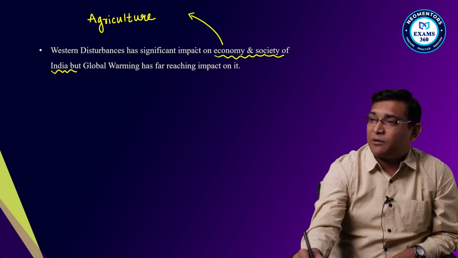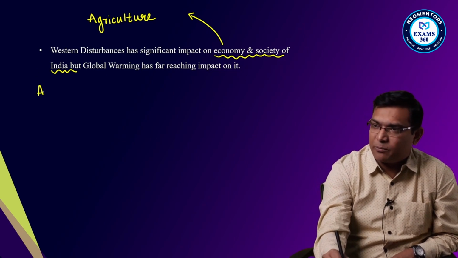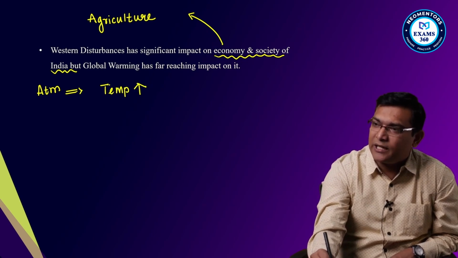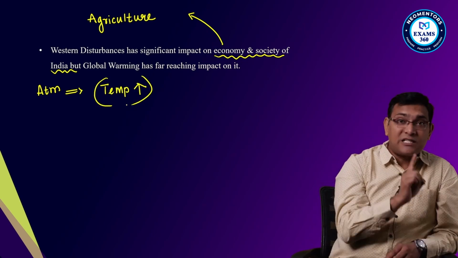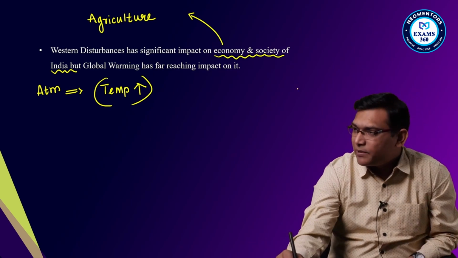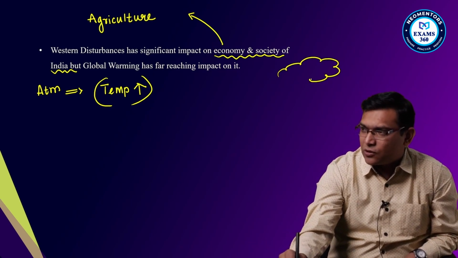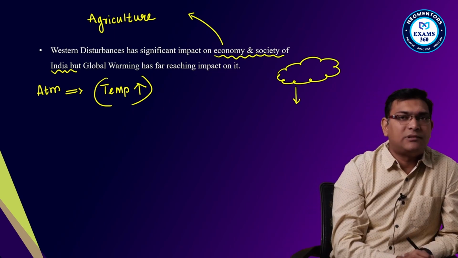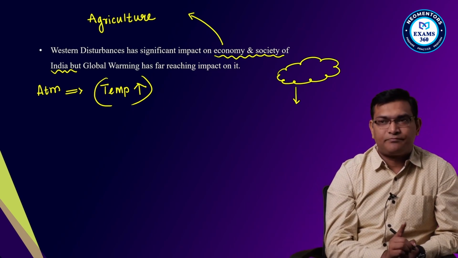From an atmospheric point of view also, temperatures in this area increase. Temperature పెరుగుతుంది. ఎందుకు? It brings cloudiness. Yes or no? Rainfall means cloudiness. So temperatures will increase in these particular areas, right?